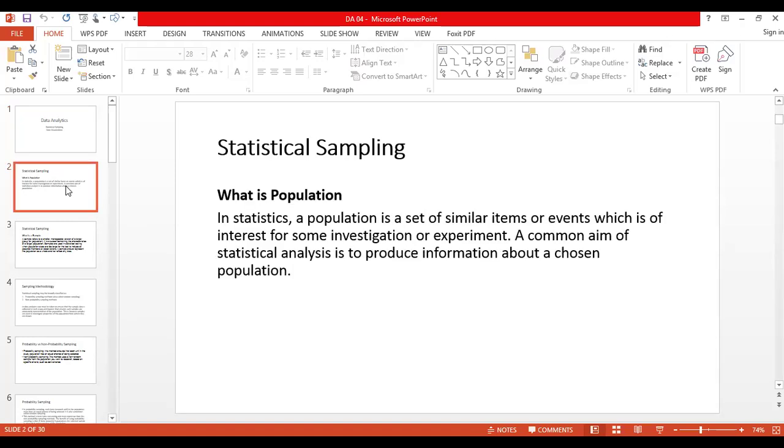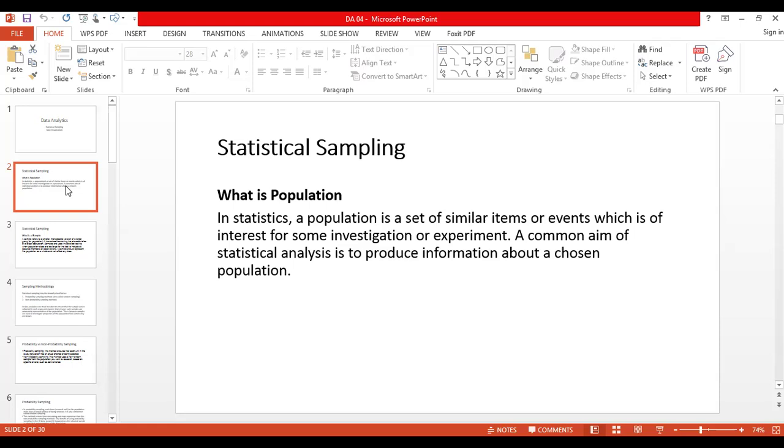What is population? In statistics, a population is a set of similar items or events which is of interest for some investigation or experiment. A common aim of statistical analysis is to produce information about a chosen population.